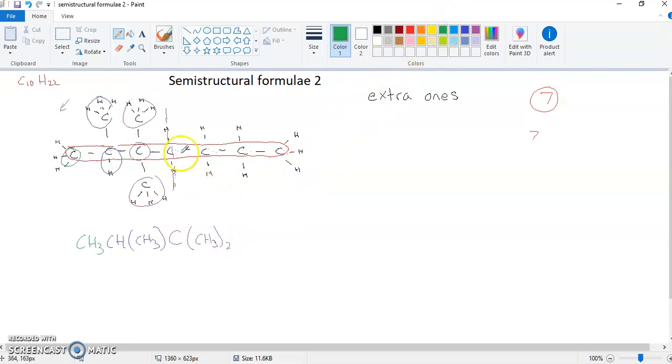Then we will go on with, I'll use red, this one here, which has 2 of those. Then this one, which also has 2 of those. Then this one has 2 of those. And then this one, which has 3 of those.